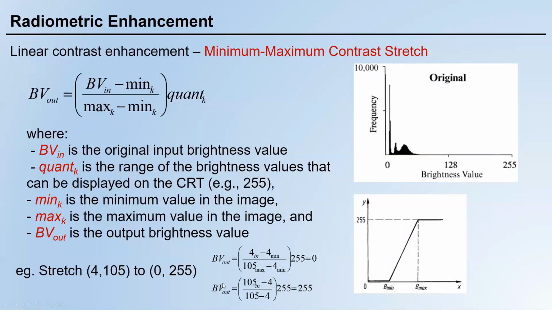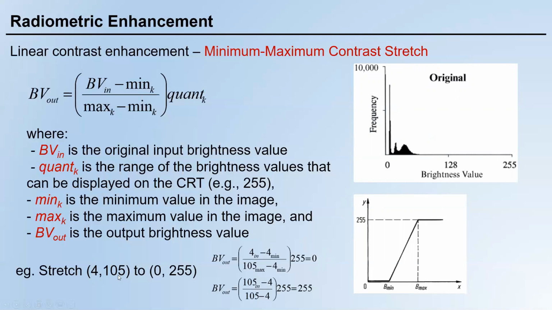Similarly, you can do this for another pixel. For example, if that pixel has a value of 105, which is the maximum value for the original image, you do the same thing. You will see that after the enhancement, that pixel will have a value of 255. So the pixel with the min value of 4 after the processing still has the min value, but that min value is not 4 anymore, it's 0.